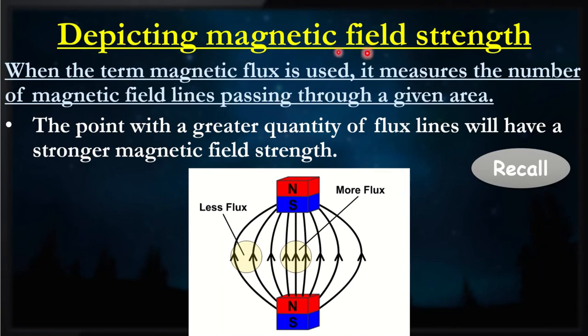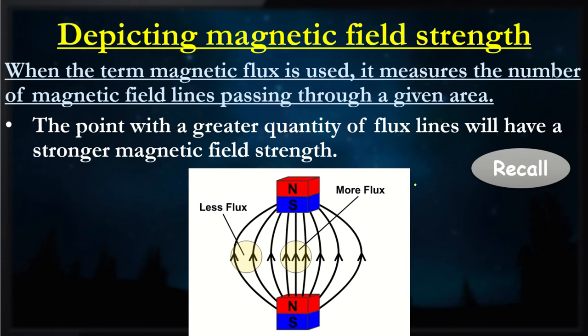Okay, so depicting magnetic field strength, we also said that depending on the quantity of flux lines, being magnetic field lines, the density of those flux lines will dictate how strong the magnetic field is. So here we have a greater flux density, so it's a lot closer here. So I'll just write that down.